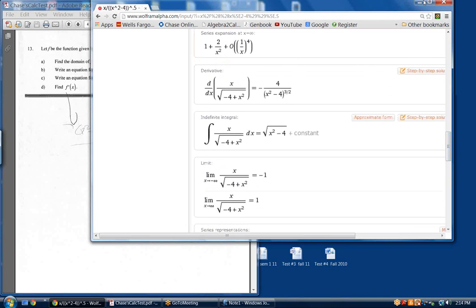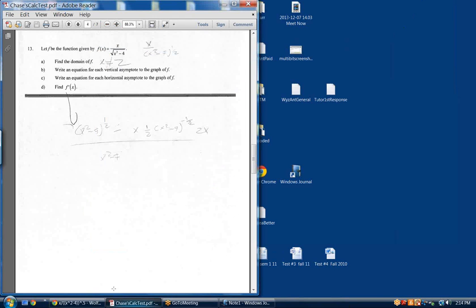Why would we have a horizontal asymptote at both places? I guess because when you take the square root of x squared, you really get plus or minus x. So if I'm looking at the coefficients, it's really 1 and -1. So I do have two horizontal asymptotes, y equal +1 and y equal -1.